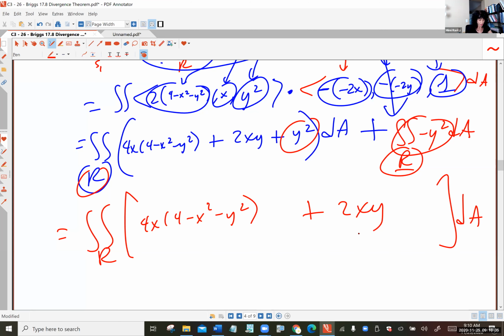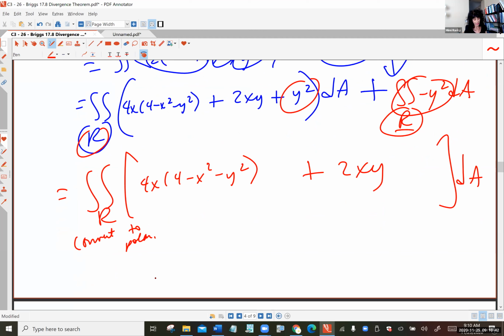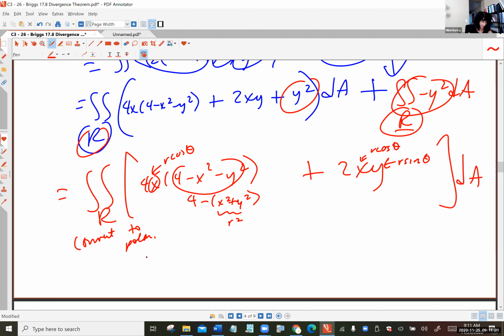And then can you say convert to polar? Arr! Well, how come? Because the region's a circle. I mean, unless you like pain, come on. So you know the drill. This thing I would rewrite by pulling out a minus, and then that's an r squared, and x is r cos theta, this x is going to be r cos theta, and this y will be r sine theta, and then we've got 0 to 2 pi for the theta limits, and 0 to 2 for the r limits.